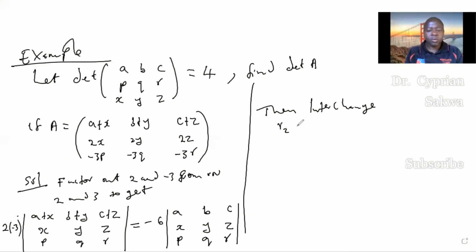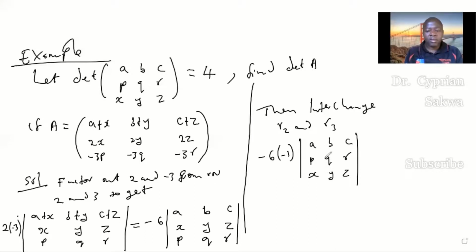When we interchange, what that theorem told us is that the determinant of the new matrix will be the original determinant times -1. So that means what I have is -6, now multiplied by -1 because I'm interchanging the rows. I would have A, B, C; P, Q, R; and X, Y, Z.